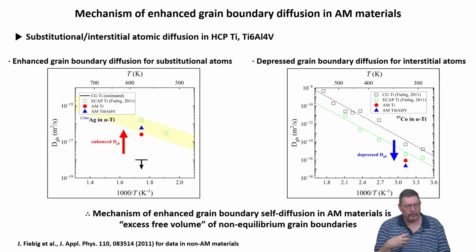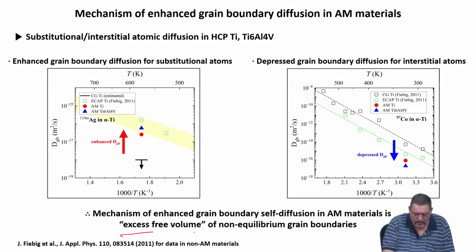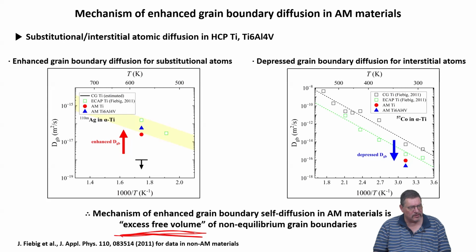And then it's inferred from the comparison between these two that it's really an excess free volume in the boundaries which causes the grain boundary diffusion coefficient to be larger.